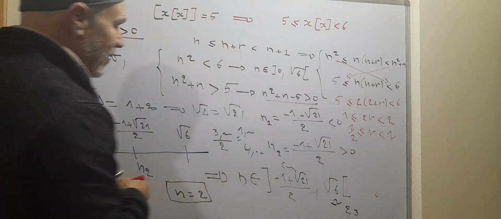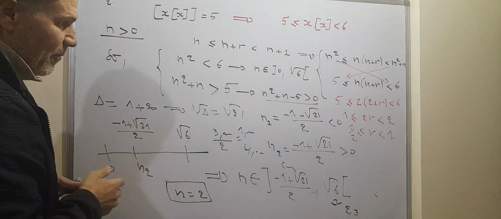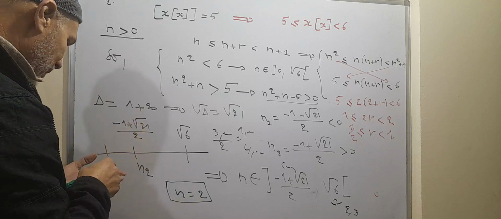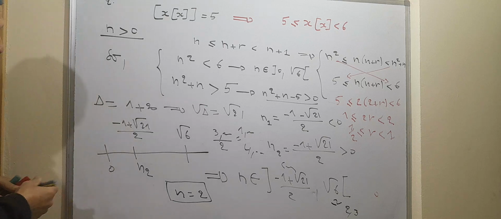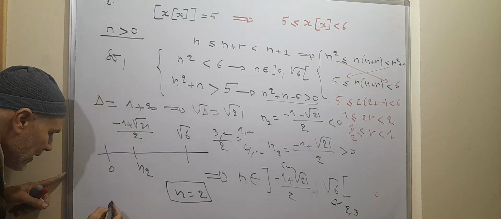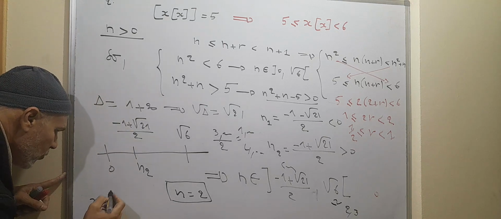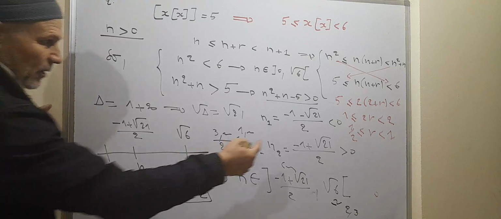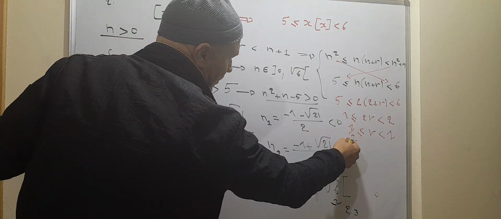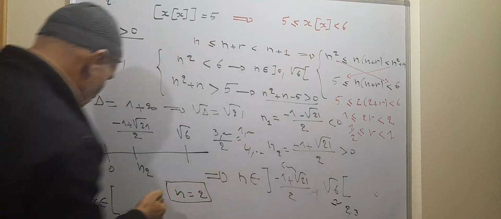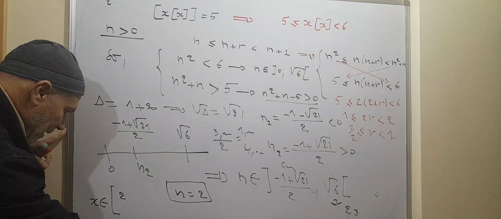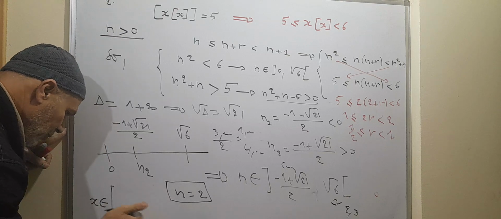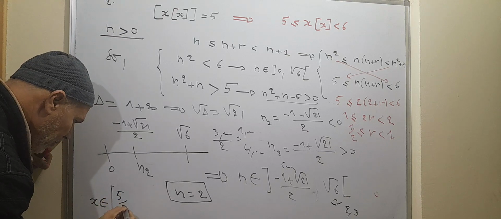So we will add the extreme values of r to n, and from this x belongs to the interval from 1/2 plus 2, which is 2.5, that is 5 over 2.